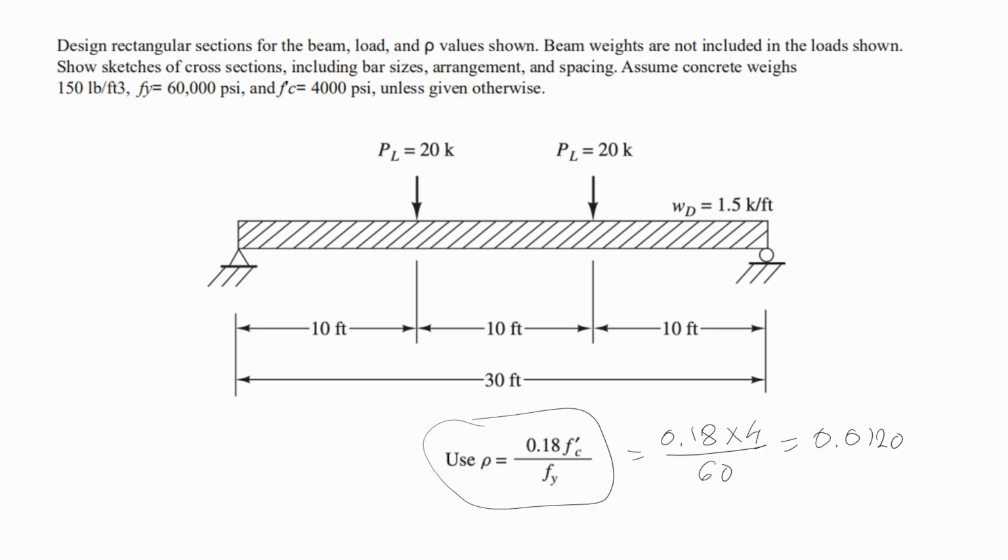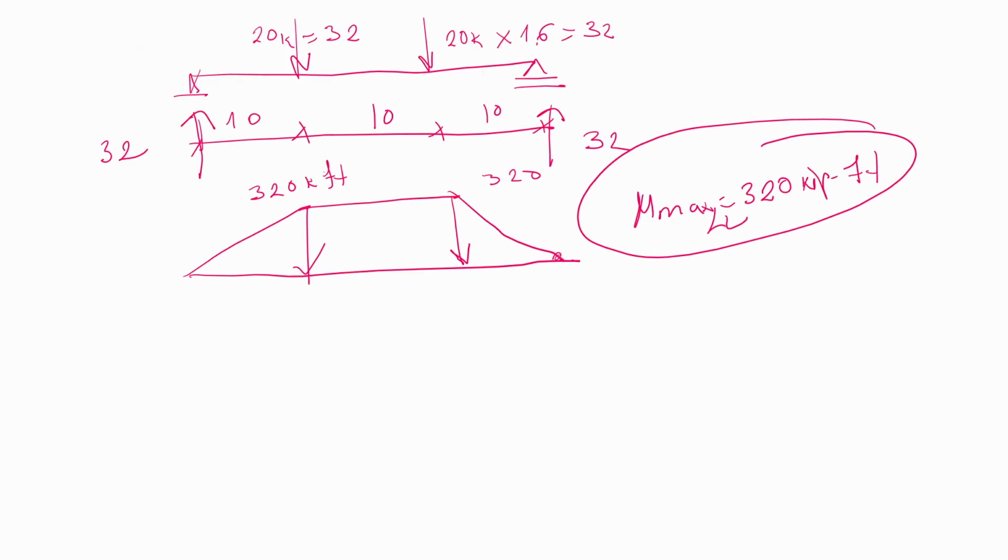And if we plug our numbers, it will be 0.18 times 4 over 60, which will give us the value of 0.0120.